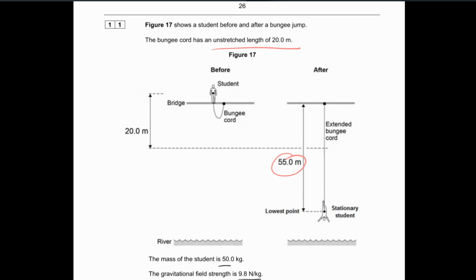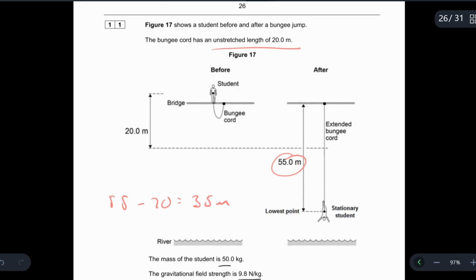So the extension would be 55 minus 20 equals 35 meters. You can see we've extended our bungee cord 35 meters. Everything up to here, 20 meters, would be unstretched. Once you get to this point, you then begin your extension, and at the bottom point you get an extension of 35 meters.